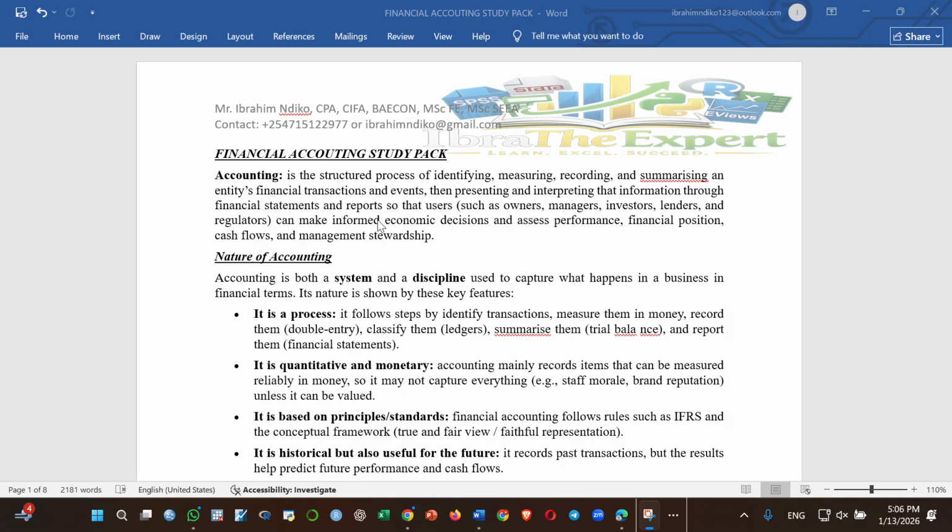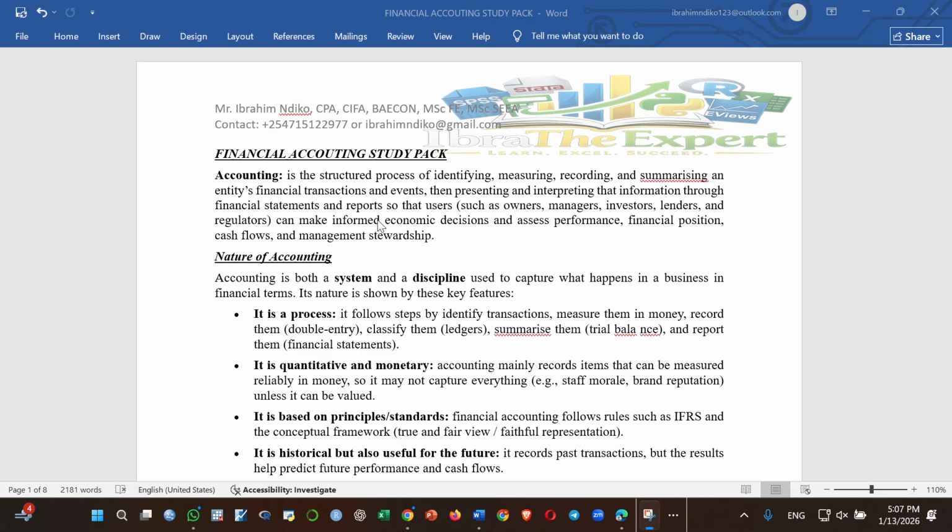Now, a process in which, number one, we identify the transaction. For example, an example of a transaction is making a payment or paying for a particular item. Number two, that item must be measured in terms of money. So it must be in monetary form.